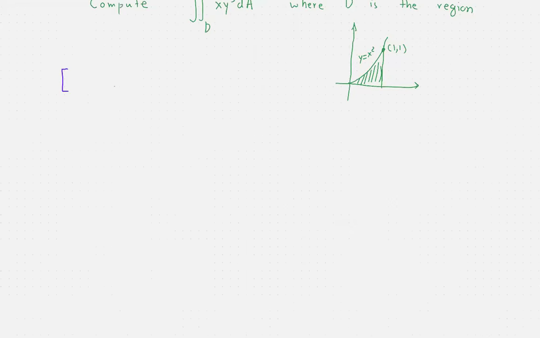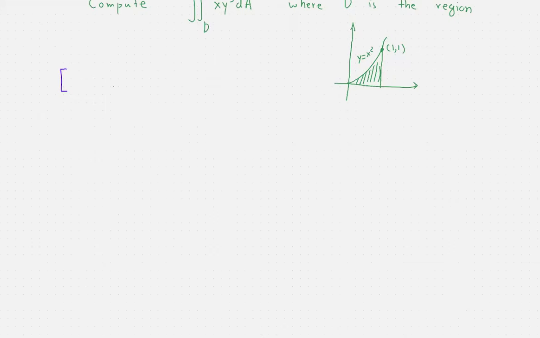So the general setup for a situation like this is that we have the graphs of two functions. These are functions of y rather than functions of x. So this is x is equal to g1 of y. This is x equals g2 of y. We're going from a point C to a point D vertically.